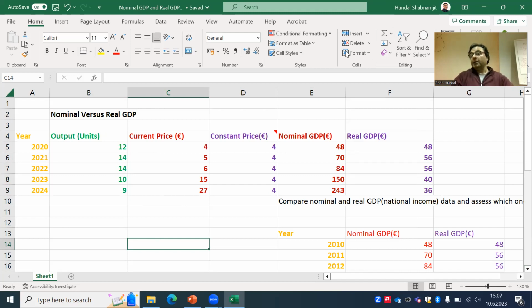That can be misleading because of the intrusion of the inflationary impact in the nominal GDP. So one of the best measures to compare economic growth is the real GDP growth rate.